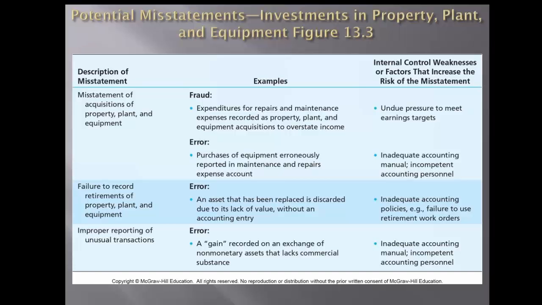The first description of the misstatement, and I'm not going to go through all of these, is the misstatement of the acquisition of property, plant, and equipment. An example of a fraud would be an expenditure for repairs and maintenance recorded as property, plant, and equipment when it really is in fact an expense.